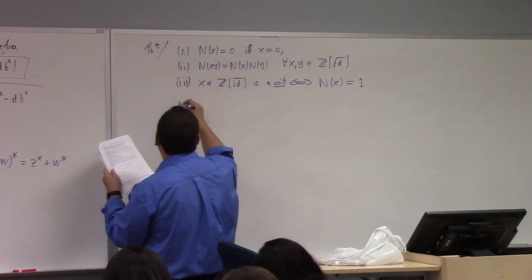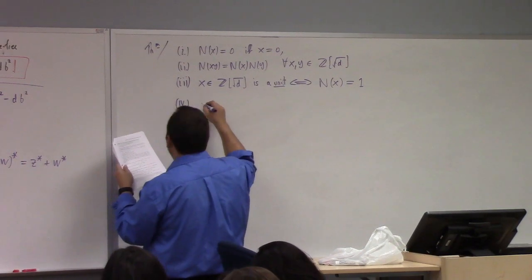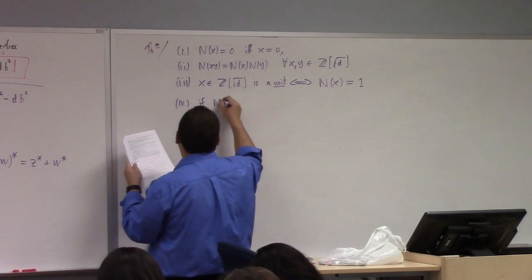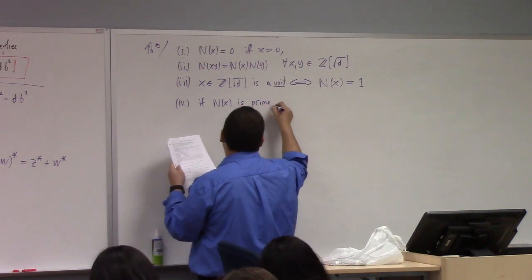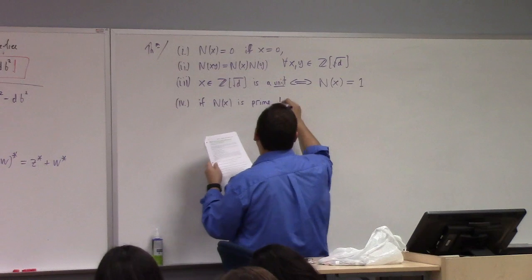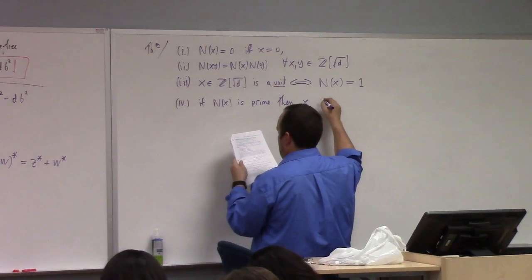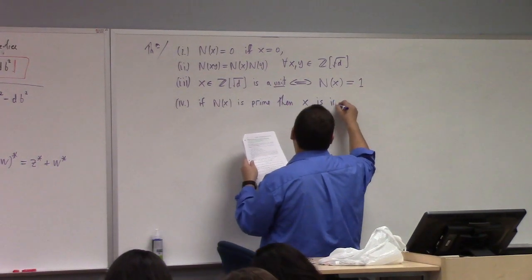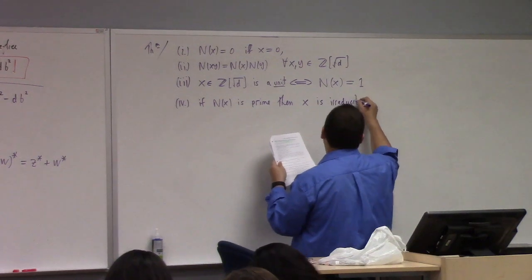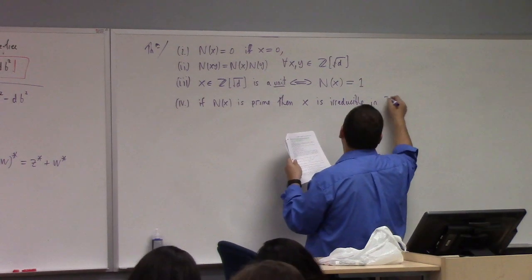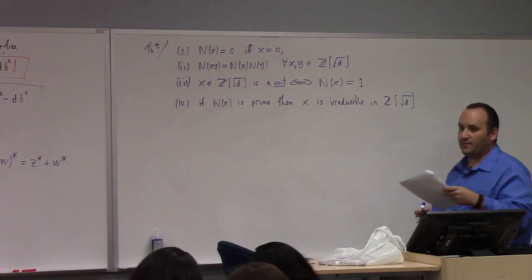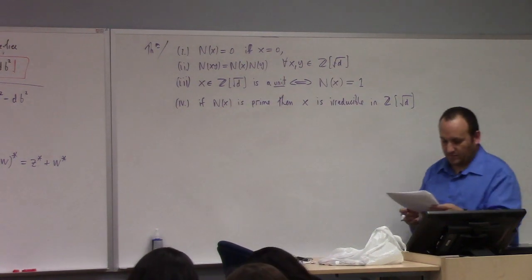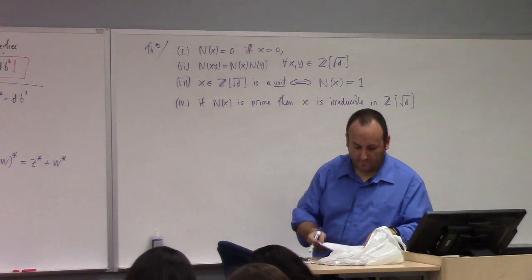And four, we have that if N of x is prime, then x is irreducible in Z adjoin square root of d. So these are properties of this norm I've just introduced, which are quite wonderful.